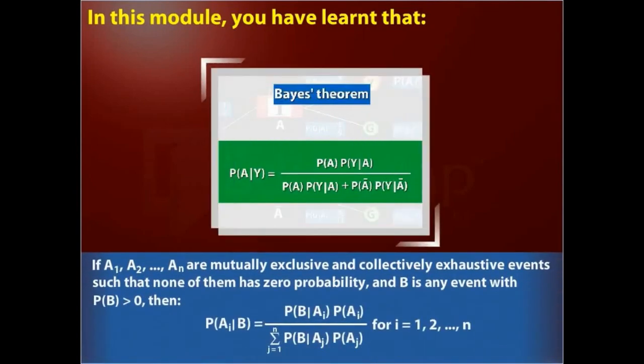If A1, A2 and so on till An are mutually exclusive and collectively exhaustive events such that none of them has zero probability, and B is any event whose probability is greater than 0, then probability of Ai, given B has occurred is equal to probability of B given Ai has occurred into probability of Ai upon summation of probability of B given Aj has occurred into probability of Aj, where j equals 1 to n and i varies from 1 to n.